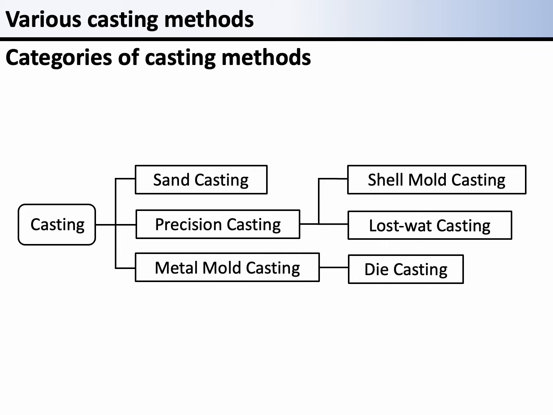Another casting method that uses metal molds is called die casting. The dies used in die casting can be repeatedly used, while the molds used for the other casting methods are destroyed after each process. In contrast, in all casting methods, the model used to create the cavity is used repeatedly.